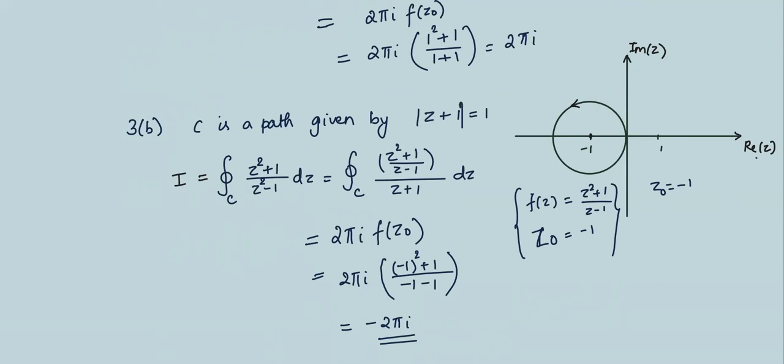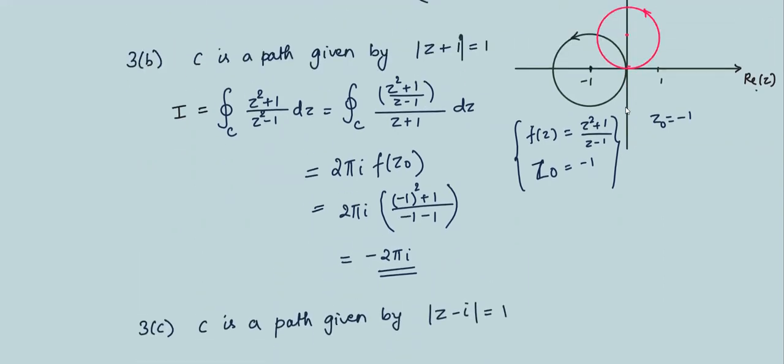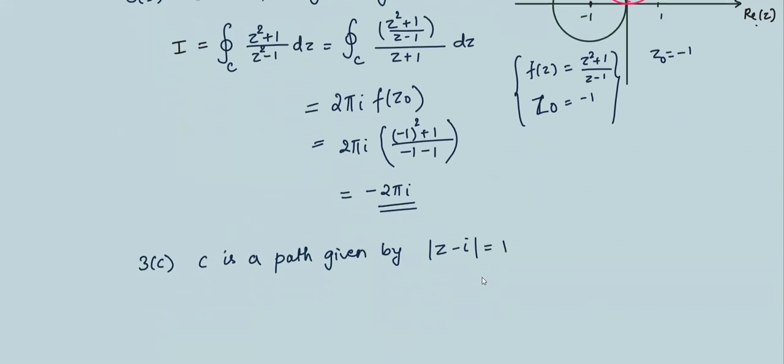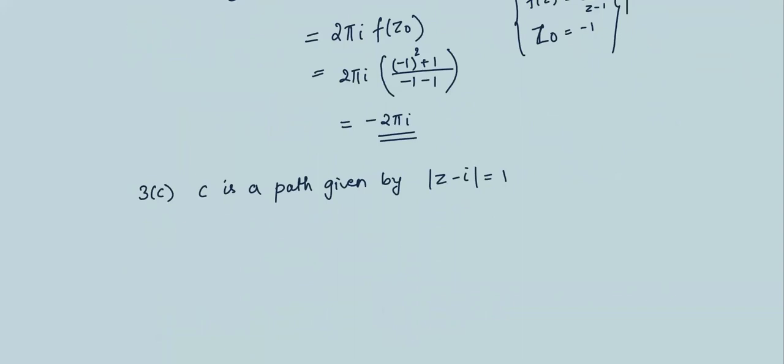Change the color. i will be here. Okay, this will be the path, a closed circle path, a circle with the center at i and radius 1.